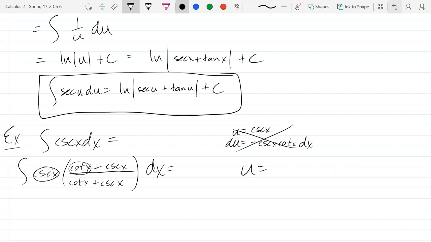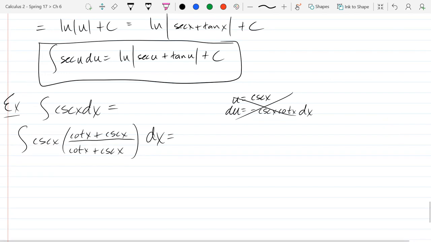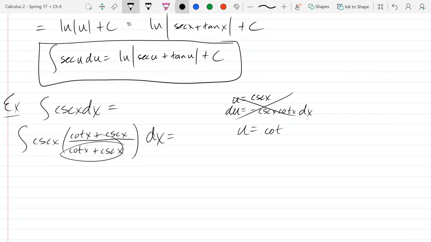Hopefully it will. I have the shortcut written down right here. We're really picking the denominator to be u and hoping that du is the numerator.